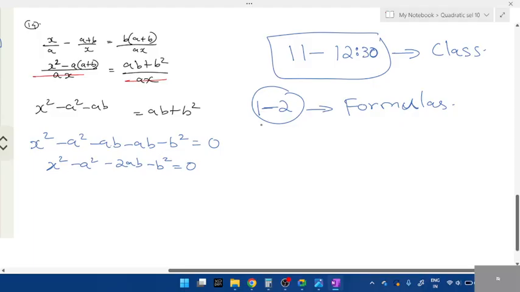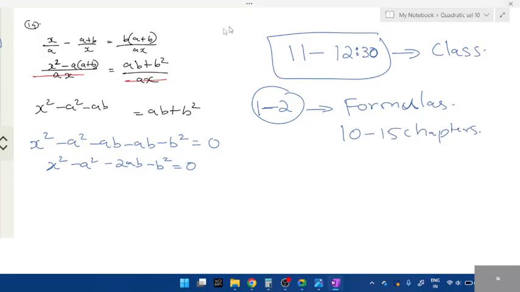So 1 o'clock class, if you're missing, no problems, because 1 o'clock I'll give you all formulas. At least 10 to 15 chapters formulas. I'll make you all write. Is it clear? Okay. So if you're missing this 1 to 2 class, no problem, because that is only formula for your project.